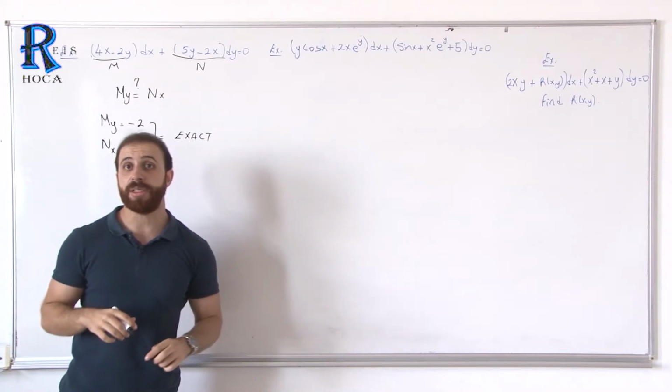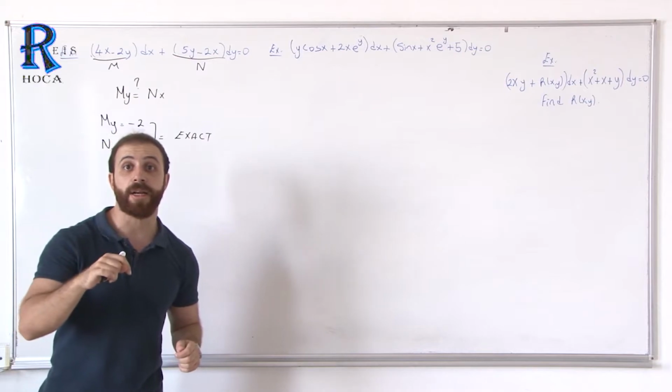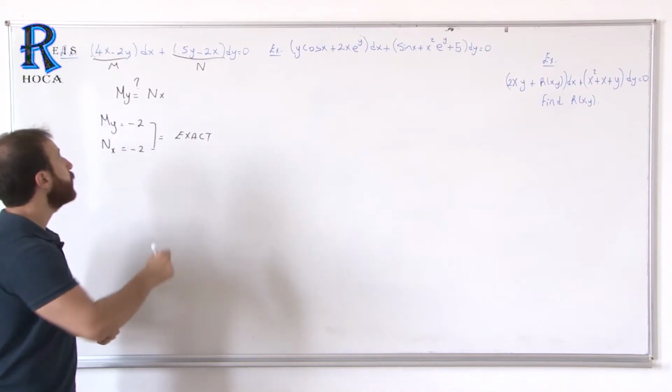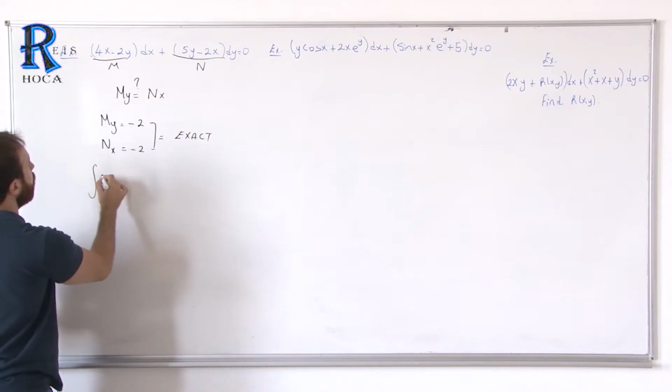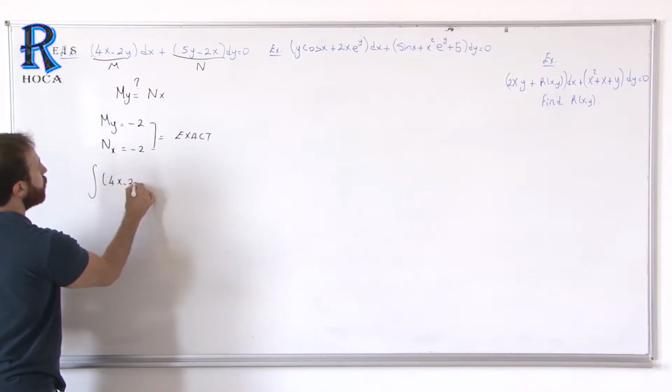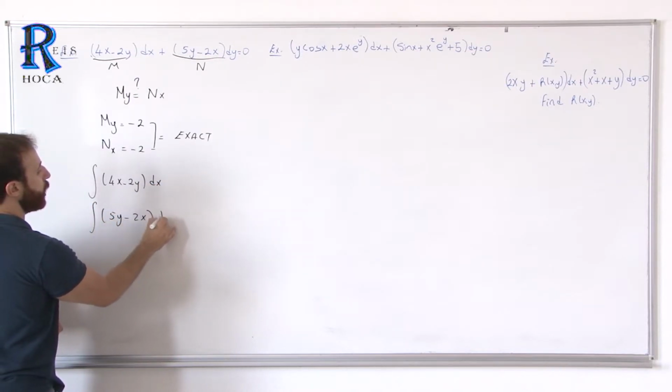What's the easiest technique to solve an exact differential equation? Take the integral of each part separately. That is the integral of the first part and the integral of the second part. Integral of 4x minus 2y dx, and the other part, integral of 5y minus 2x dy.